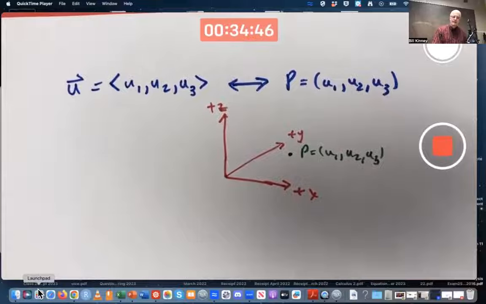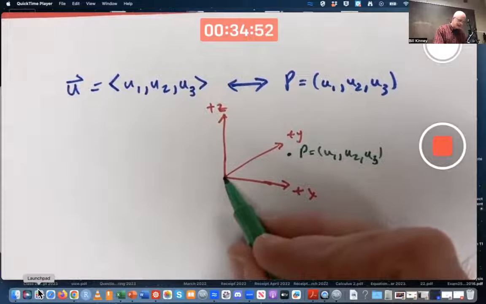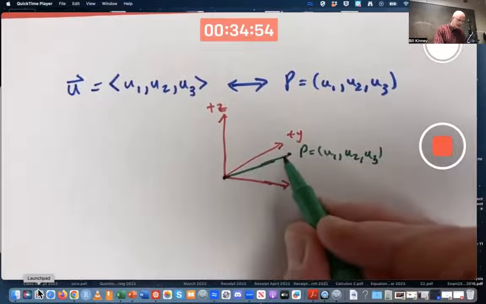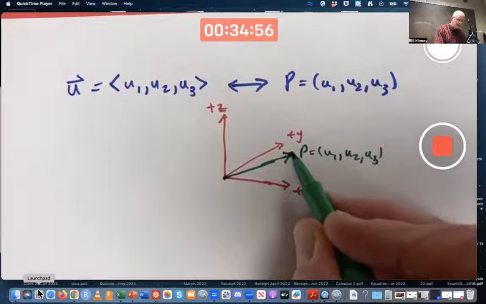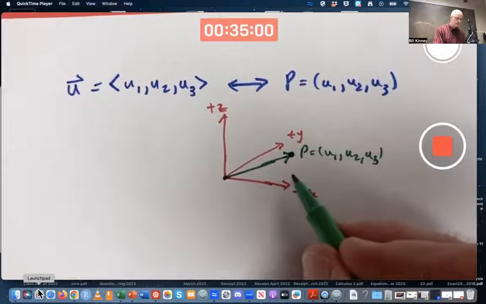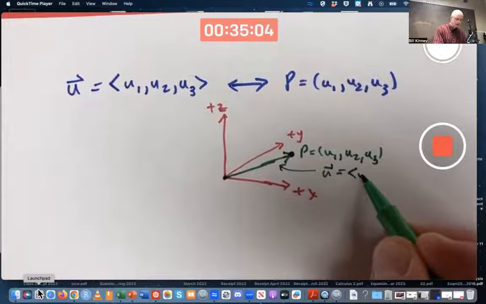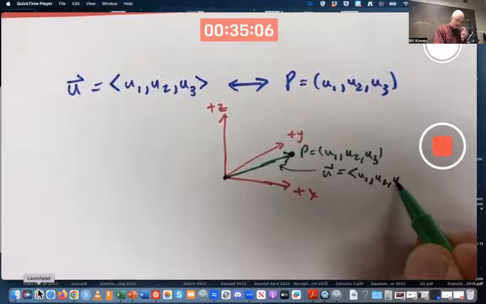They are the x, y, and z coordinates of the point. The position vector of that point starts with its tail at the origin and ends, the terminal point or head, at the point P itself. And that arrow has components U1, U2, and U3.